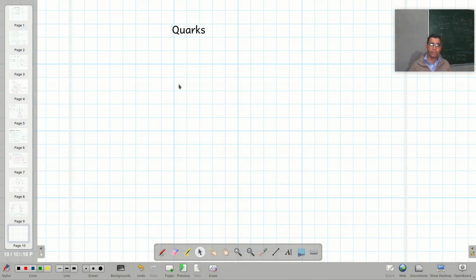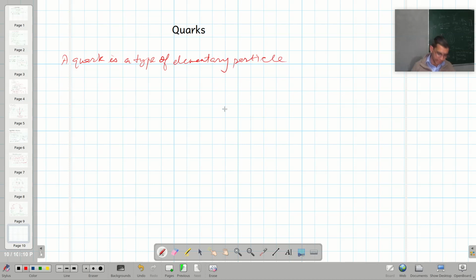So today I will briefly talk about quarks. A quark is a type of elementary particle and a fundamental constituent of matter.